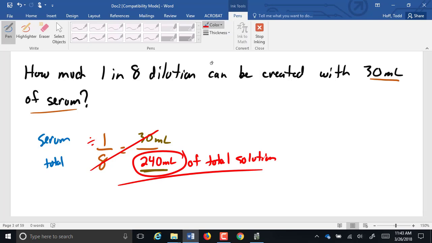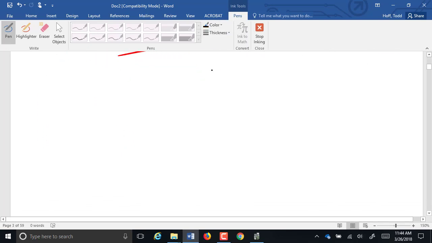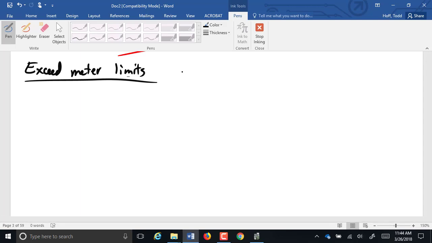Now the other big process we have with our dilution is testing. If we exceed the limits of a meter, so most of our meters have a limit of 800 milligrams per deciliter, whether it's a urine or a blood test. Let's say that after we've exceeded the limits of the meter, we take a sample.